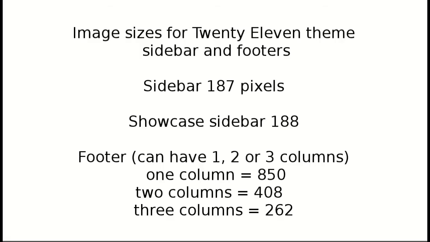If you have a 1 column footer, you can put images that are 850 wide. If you've got 2 columns, you can put images that are 408 wide, and with 3 columns, you can put images that are 262 wide each. So you could have 3 images, 1 image in each column, 262 pixels wide.